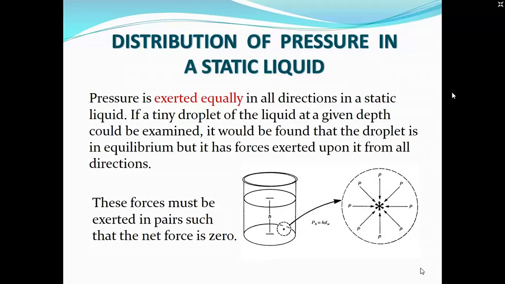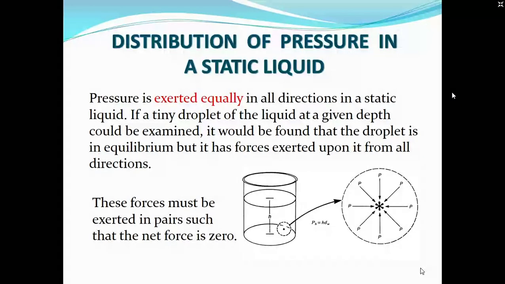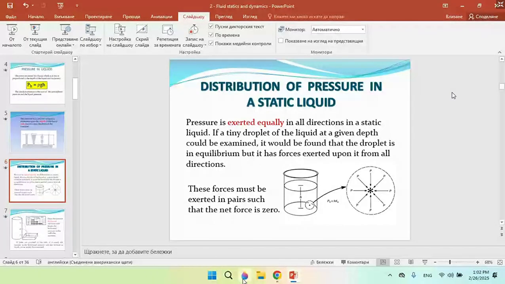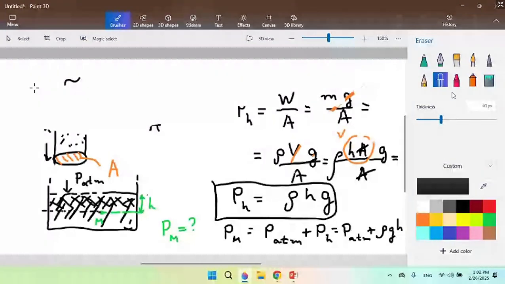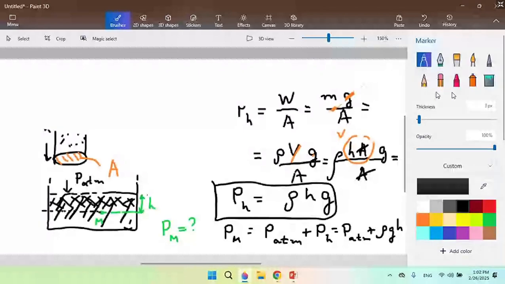So we have to pay attention between net force, net. That word is important in physics. Net. Once again, to switch on the board and to write net force. That word net also means resultant.